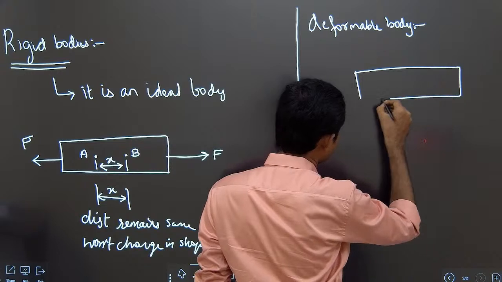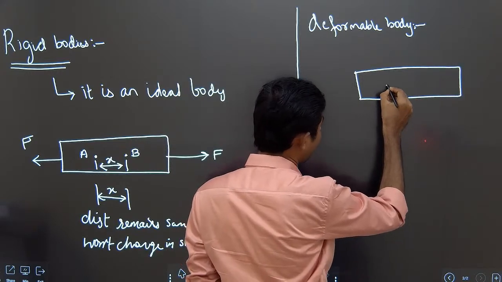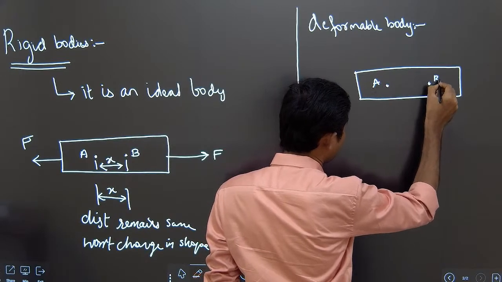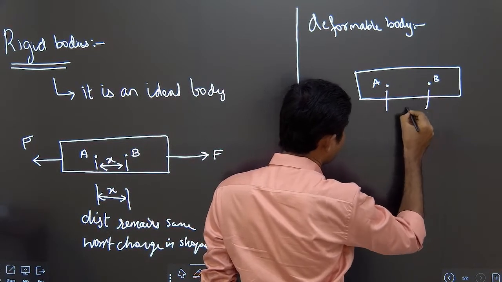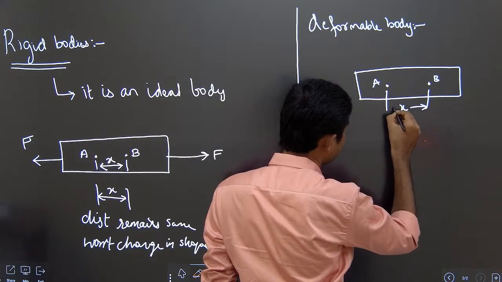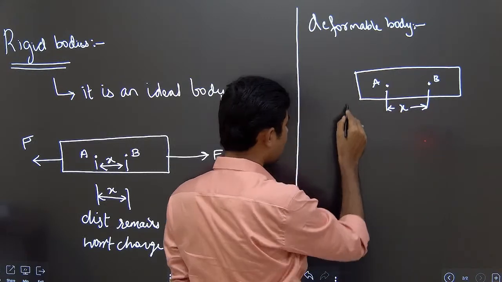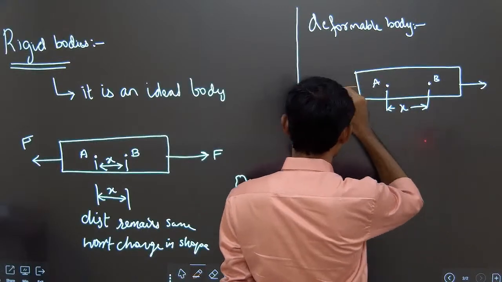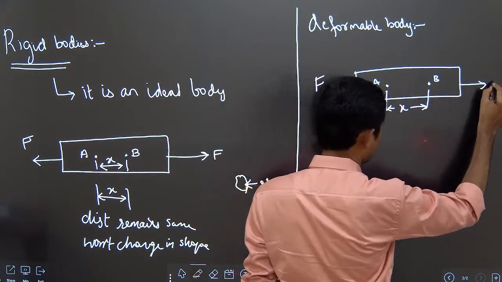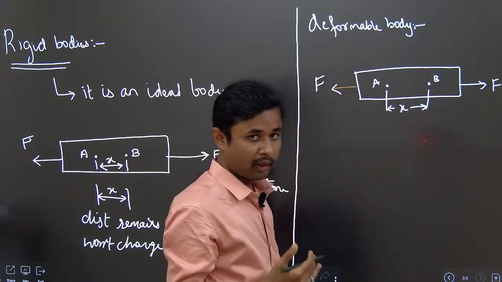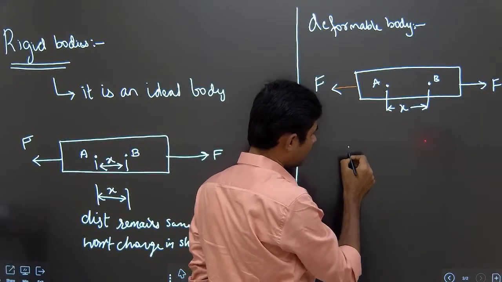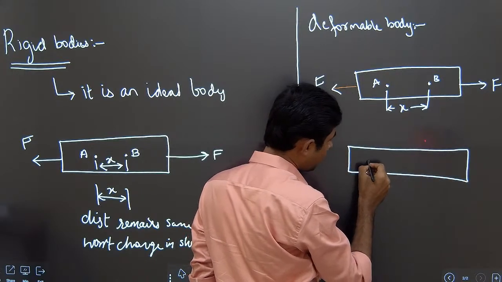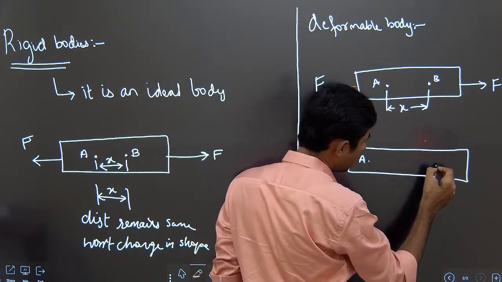Consider a body and mark points on it, A and B, and let us say the distance between these two points is x. Now you apply a force on two sides. After applying the force, the distance between the two points will change.